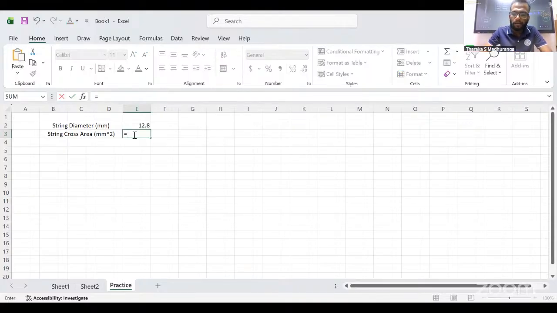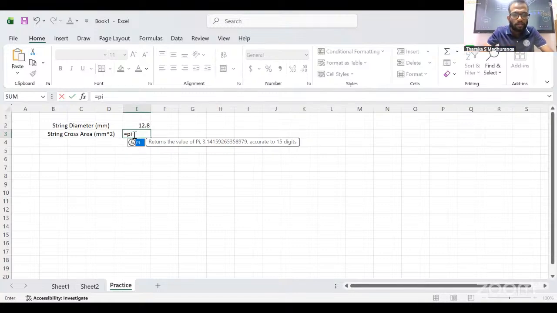Then pi r squared. Pi is a function. I have given all the functions in our group; I will show you all the functions. You don't need to remember all of them. Go through only the very frequently used functions, and if you remember those, that's enough.